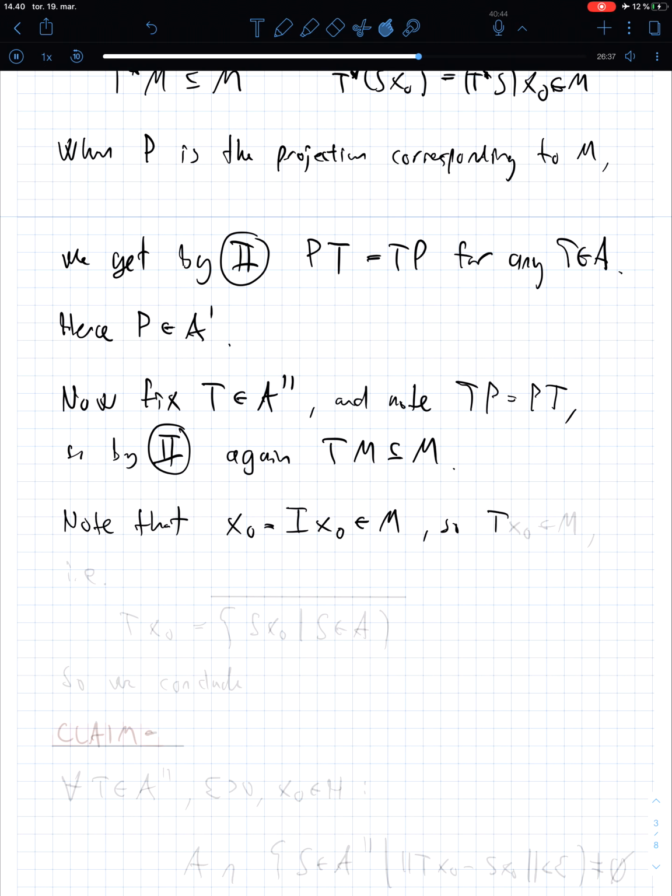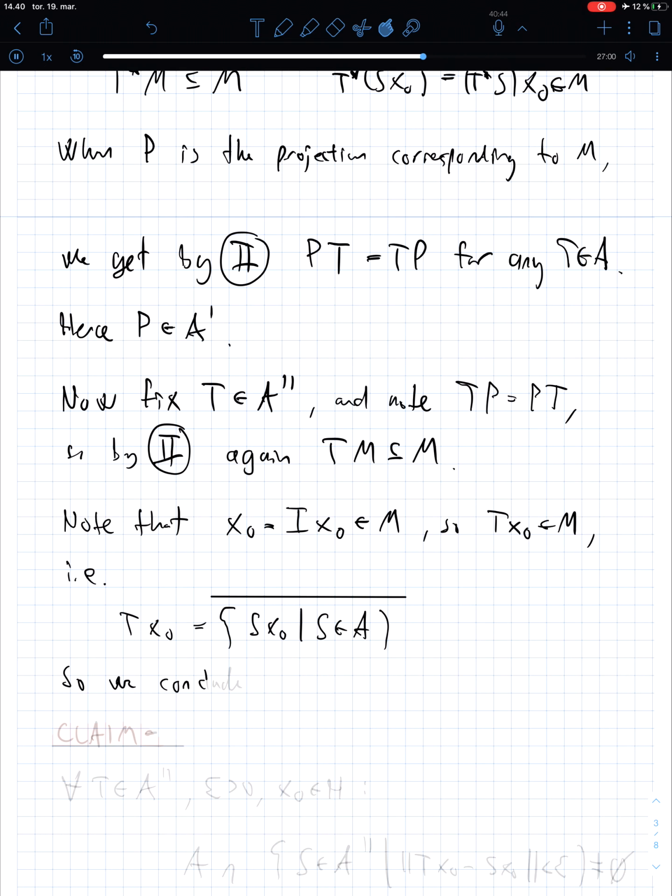So Tx0 lies in M. In other words, Tx0 lies in the closure of elements of form Sx0, S in A.